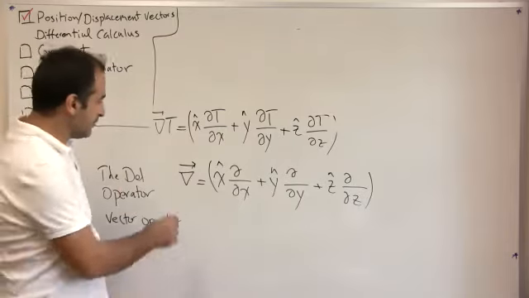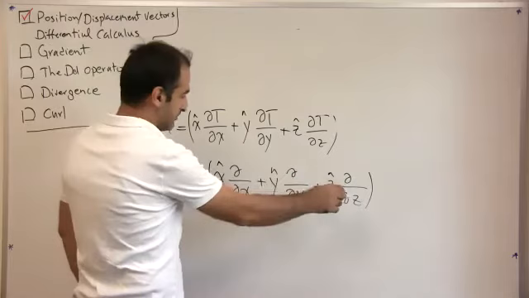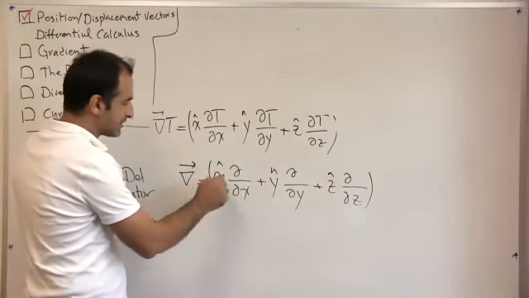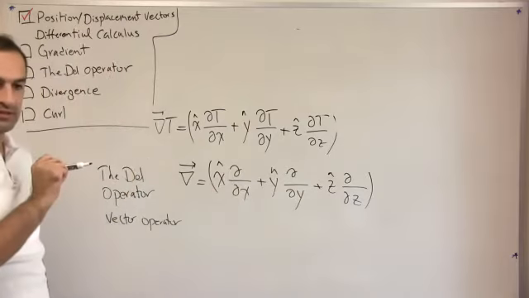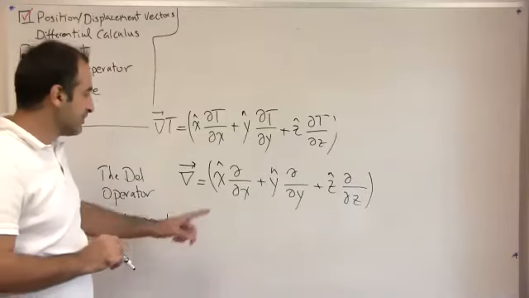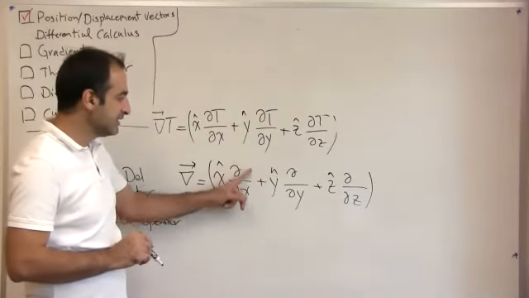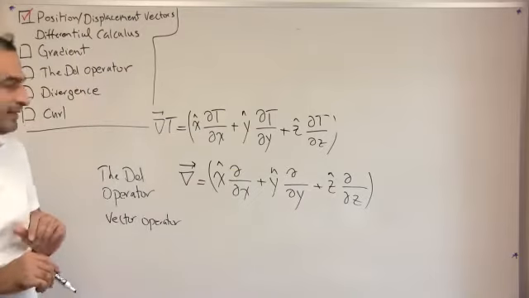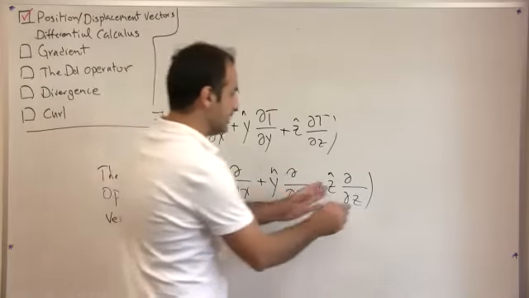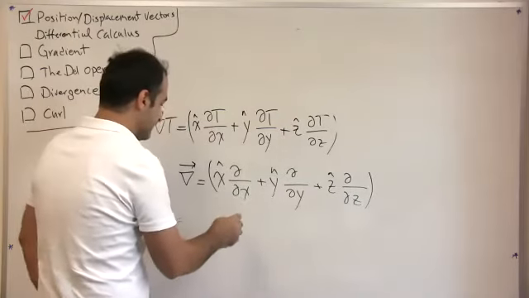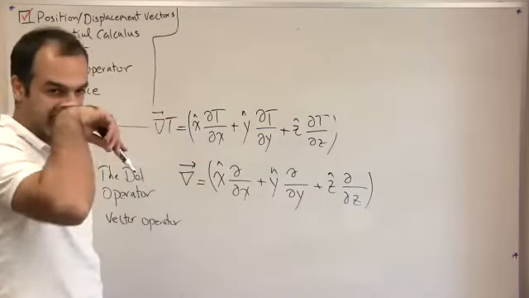So what it has is three terms. For all the terms, the first component is a unit vector in one direction, and the second one is just a partial derivative. So partial derivative of what? It depends on what this vector is acting on. If it's acting on a scalar, it is going to be exactly what the last example was.